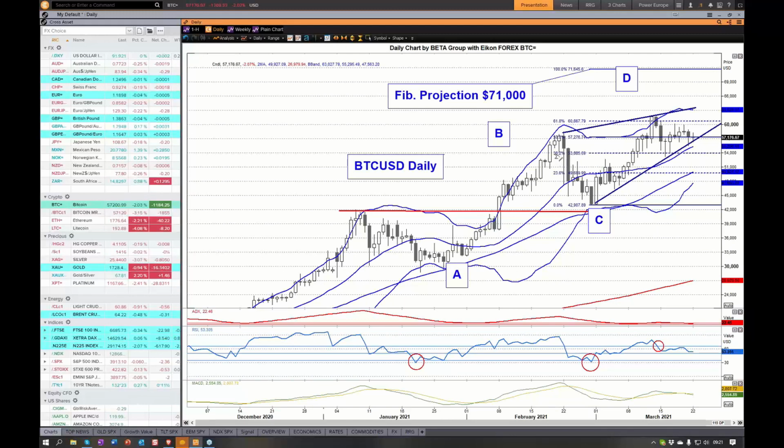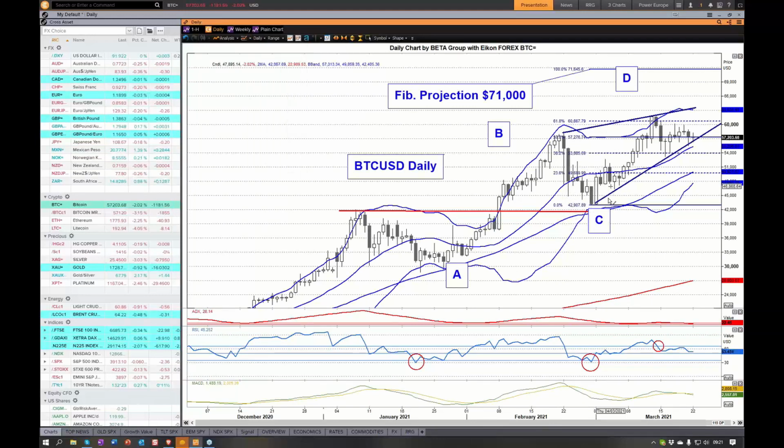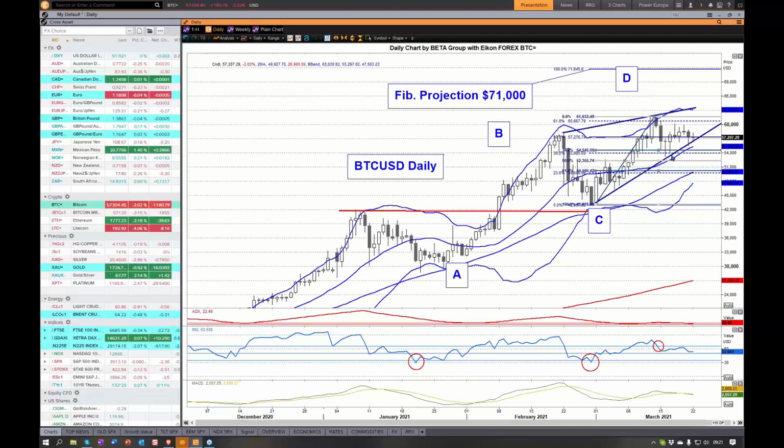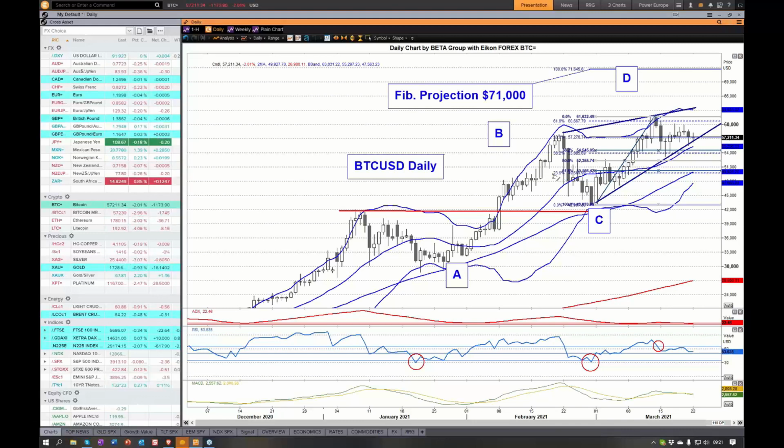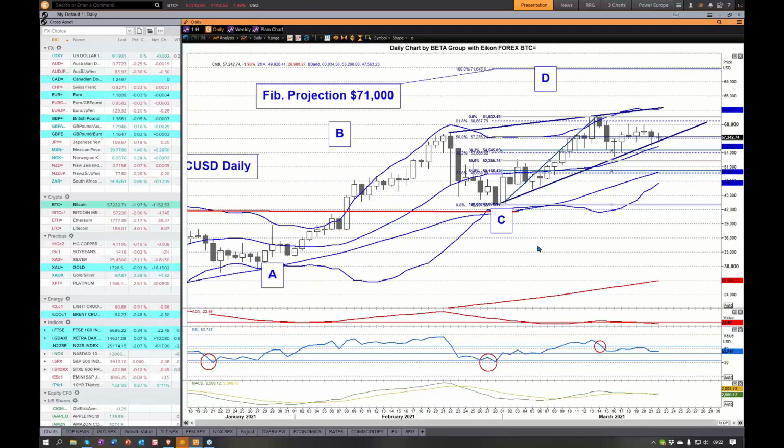No, I have to measure this again, sorry. So it would be from here to here, it's a different measurement. So it would be the 38.2, yes, it was 38.2, 50% here. And then I'd be worried that this could get all the way back to 61.8 before it picks up any even minor resistance from this consolidation in here.